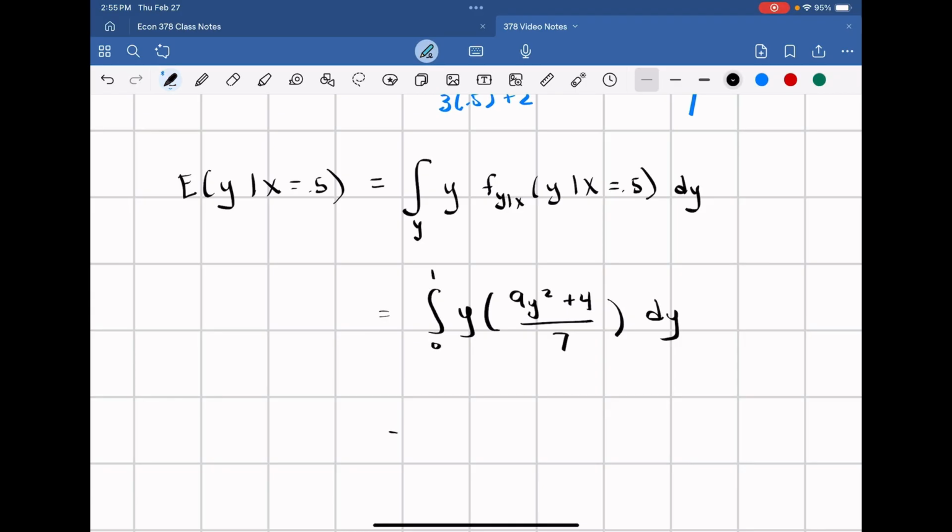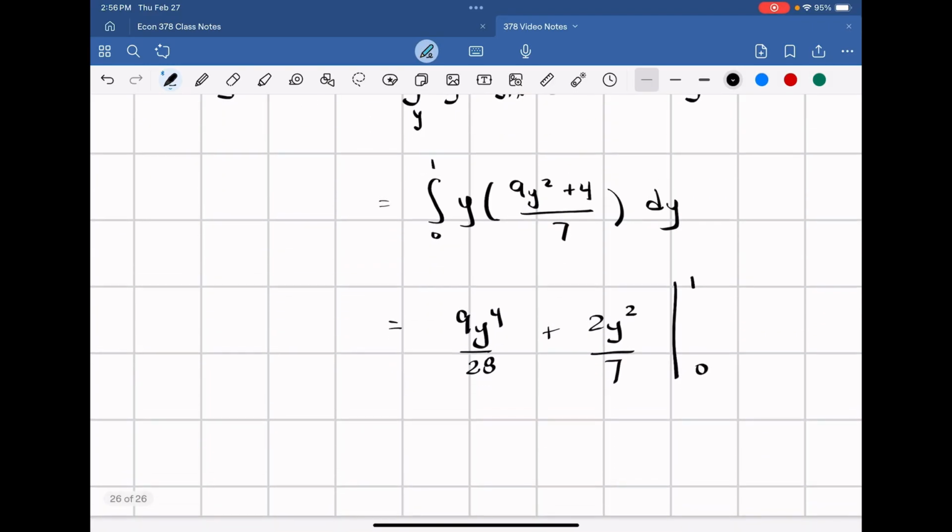This is equal to 9y to the fourth over 28 plus 2y squared over 7, evaluated from y equals 0 to 1.